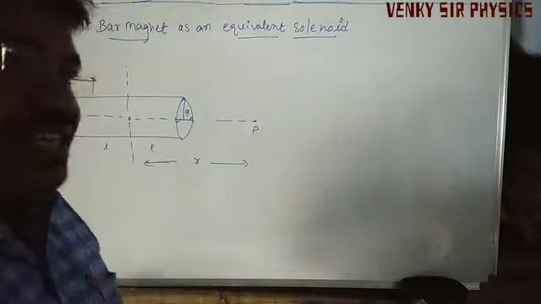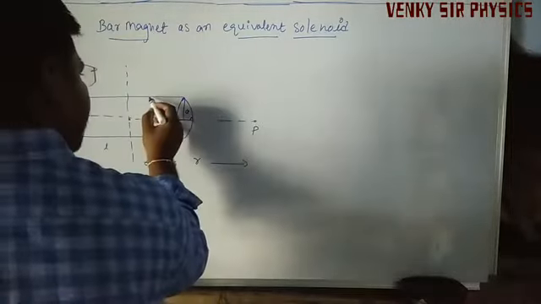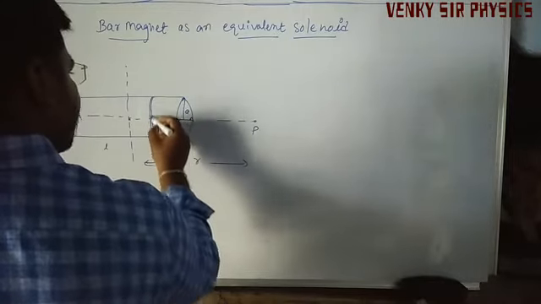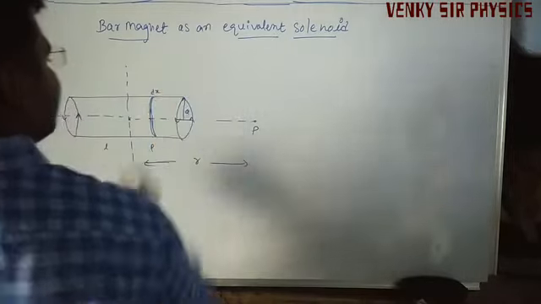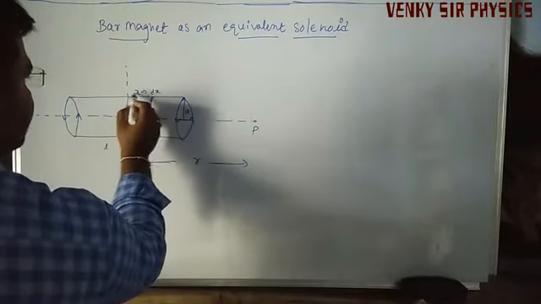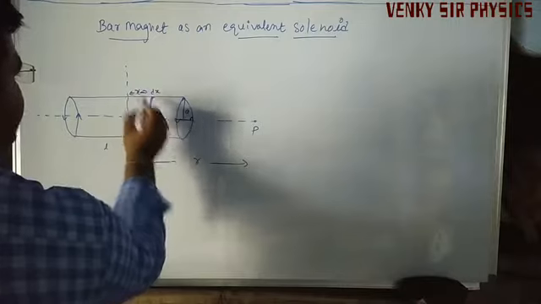Consider a small elementary length of the bar magnet, denoted dx. The distance from the origin is x.